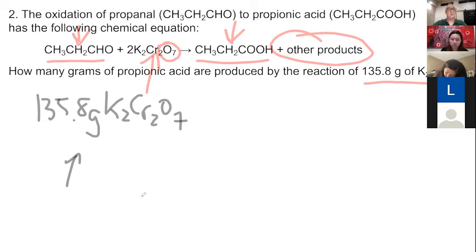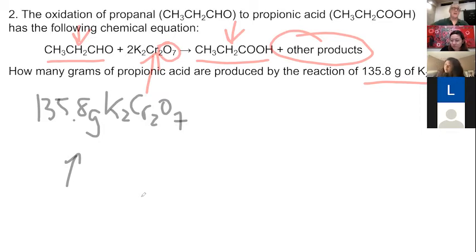Exactly. I need to figure out how many moles that is, because grams don't react with grams. Moles react with moles. So how am I going to figure out the molar mass of that? I could look it up, but if I'm doing a test, what am I going to do? You look at each atom. There you go.